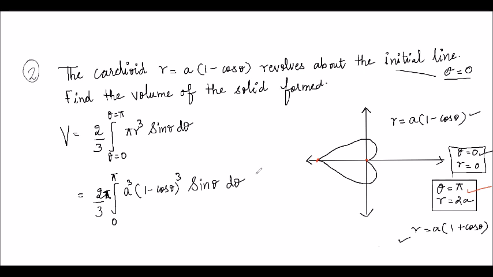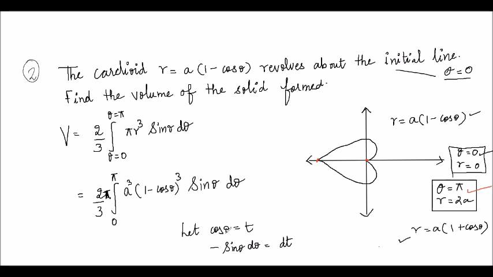It can be easily solved with the help of substitution. We will assume cos theta as a new variable, so let cos theta be t. Let us find the relation between d theta and dt: minus sine theta d theta equals dt.